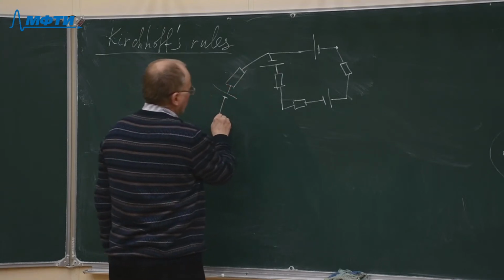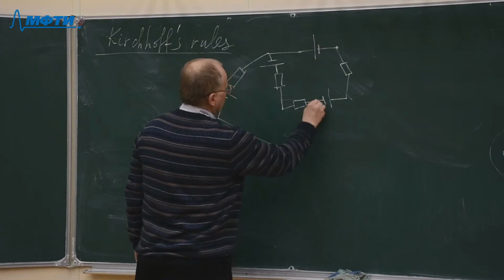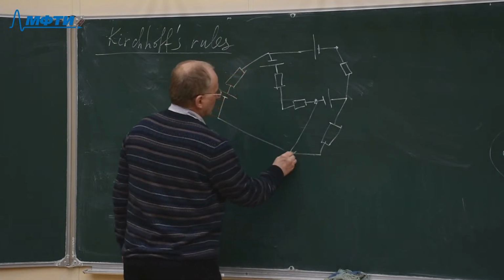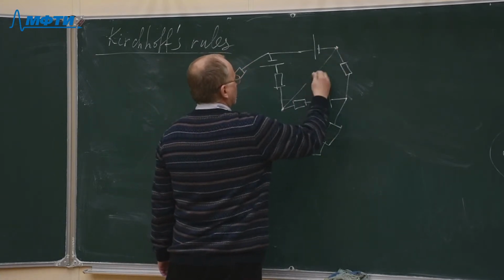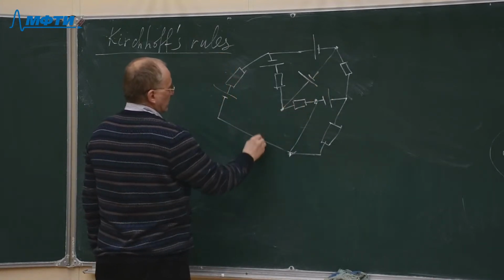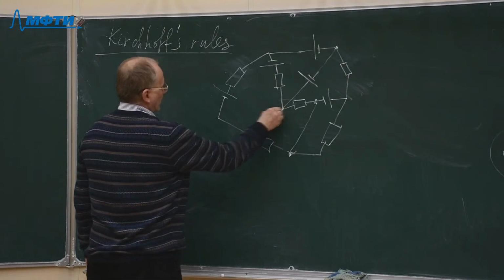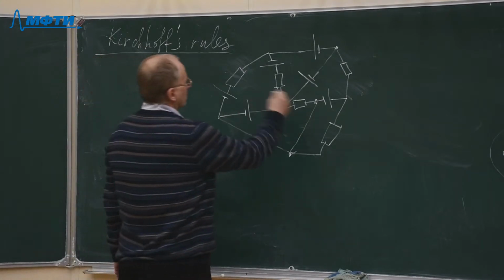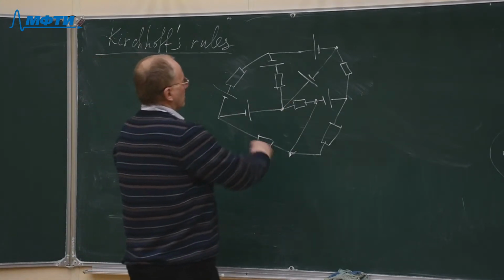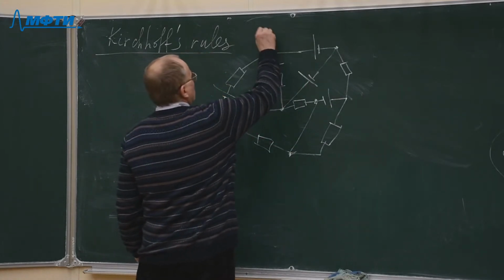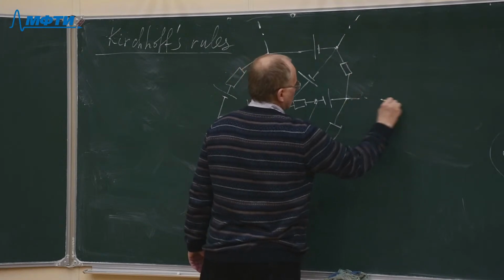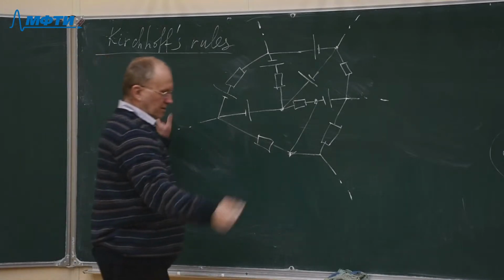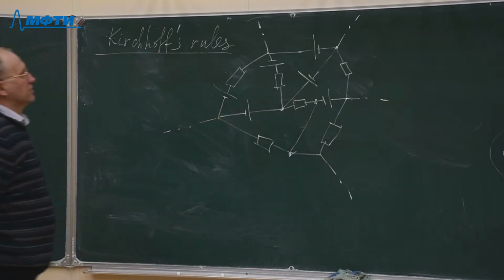You may have anything connected at any point, and here you may have another thing with different elements, and here another thing connected, etc. Any complicated circuitry, whatever circuit is there. It may be very large. It may be extended. It may be a very complicated circuit.